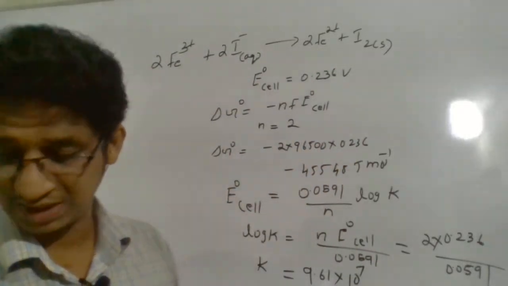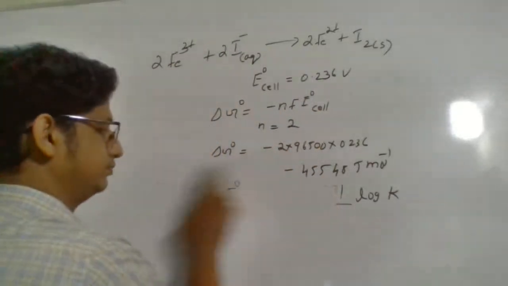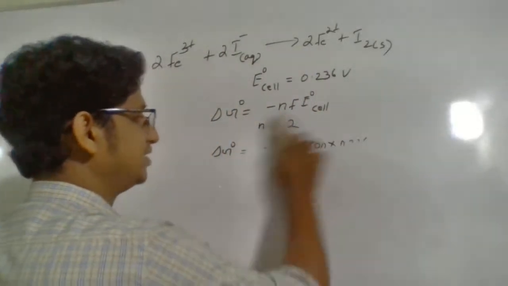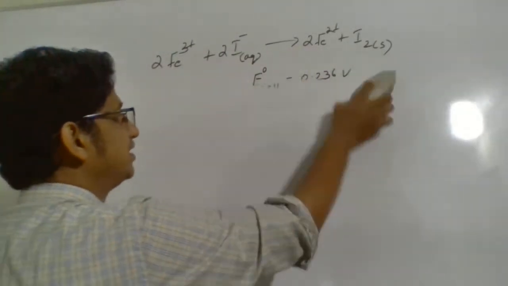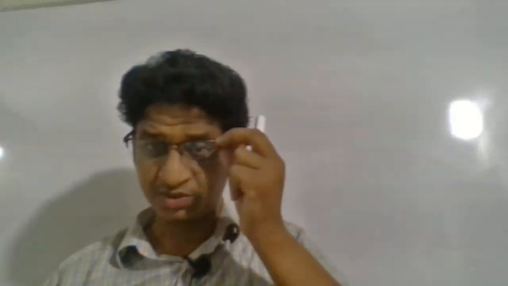Such problems are there, you can practice yourself. Two equations: delta G0 is equal to minus nF E0 cell, and E0 cell is equal to 0.0591 divided by n log K.